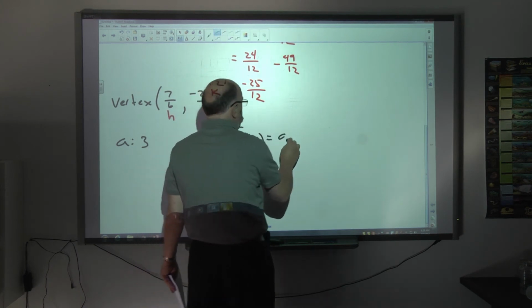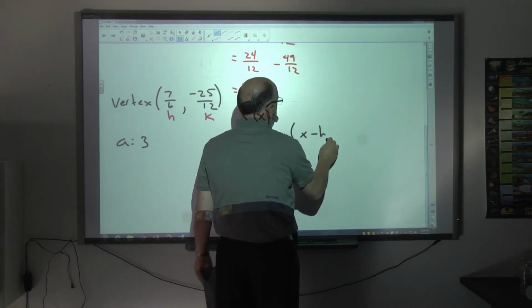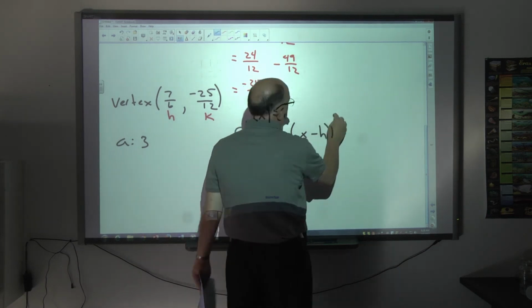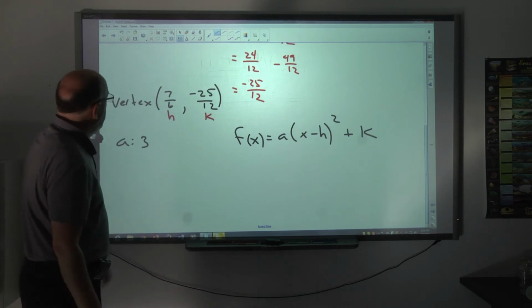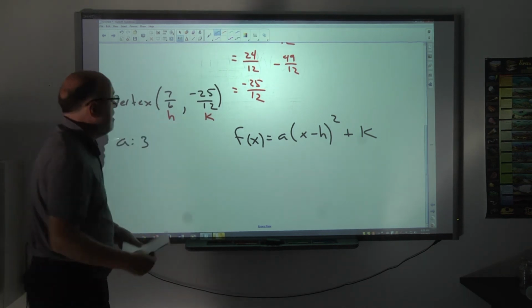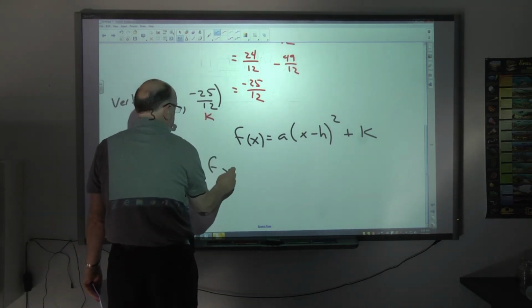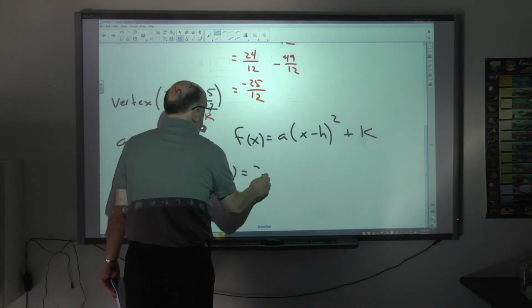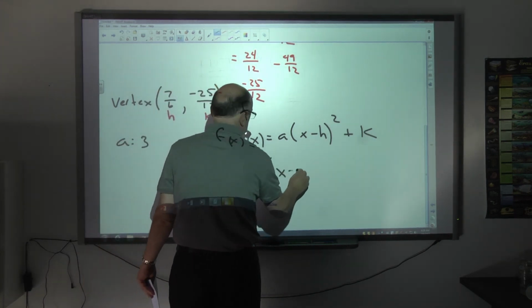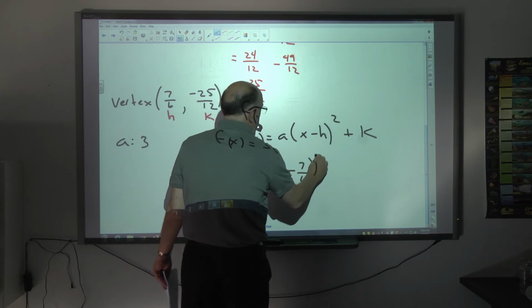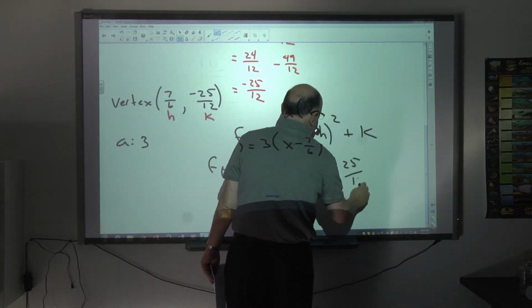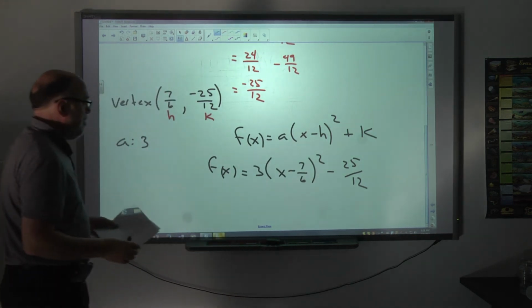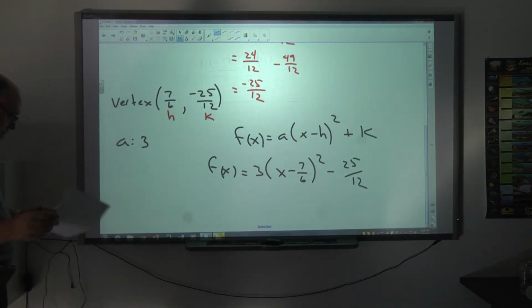So if I want to rewrite this equation in this form, we know the a, and we know the h and the k, and so my equation will be that. And that would be the equation of that.